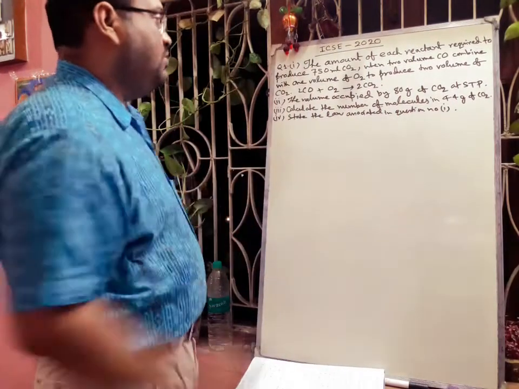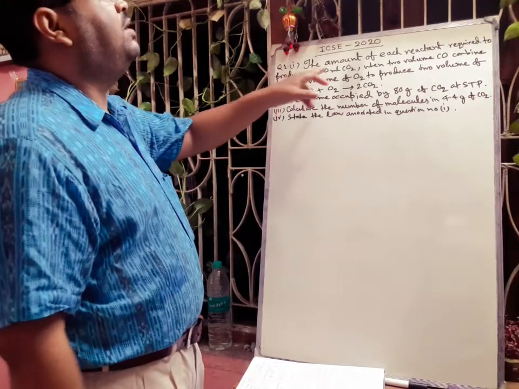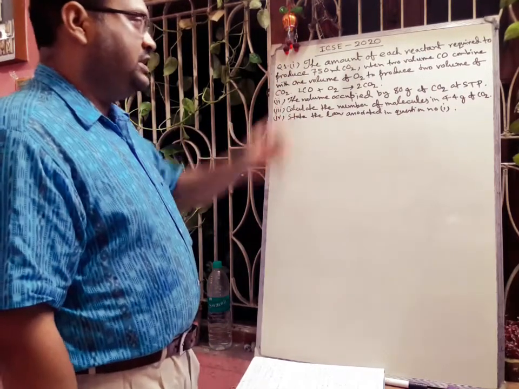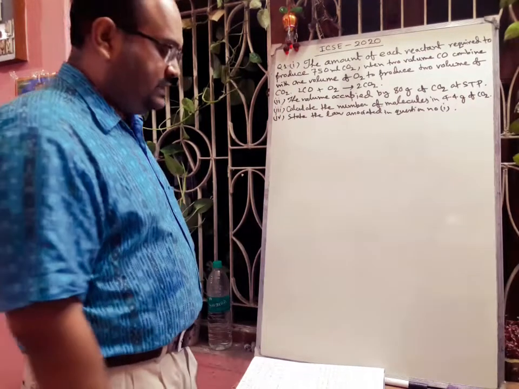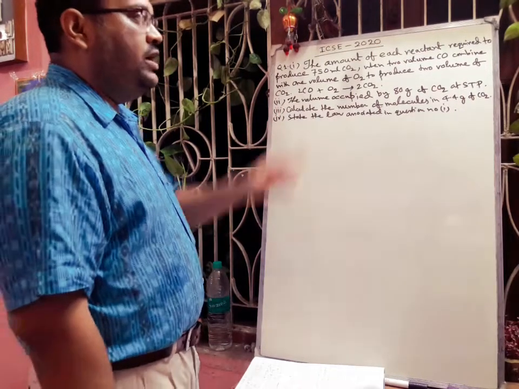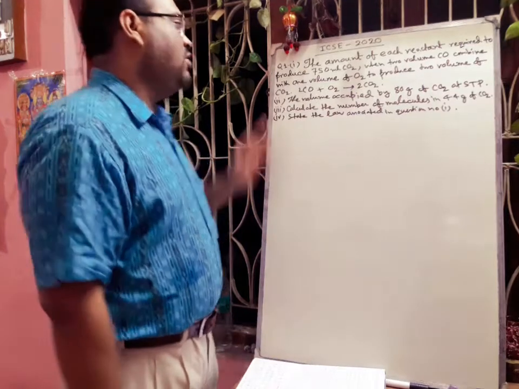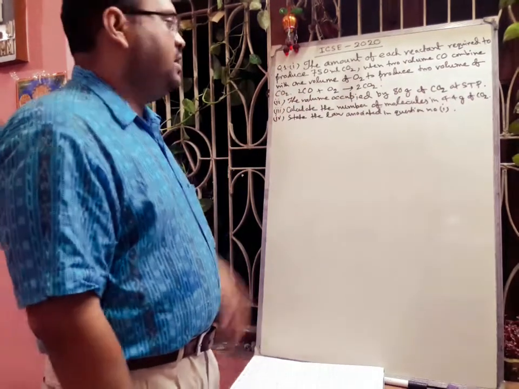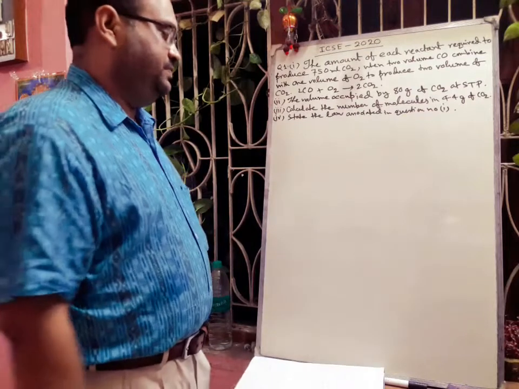The first problem: find the amount of each reactant required to produce 750 ml of carbon dioxide gas, when 2 volumes of carbon monoxide combine with 1 volume of oxygen to produce 2 volumes of carbon dioxide. Okay, this is the first question.